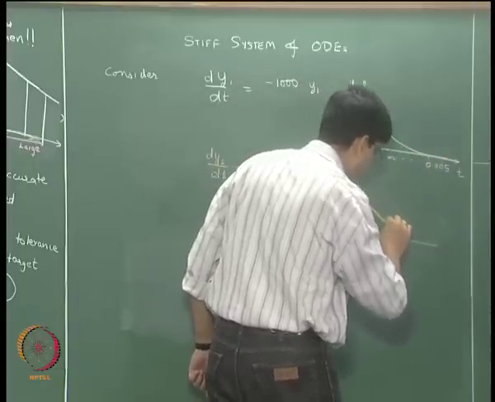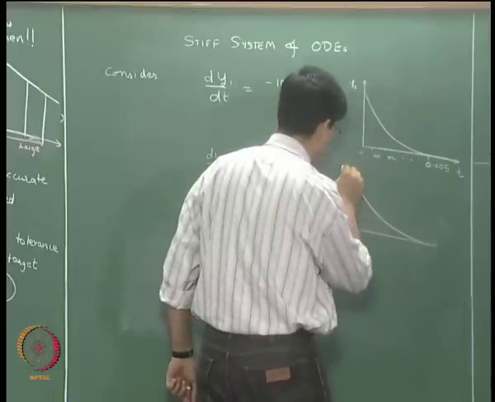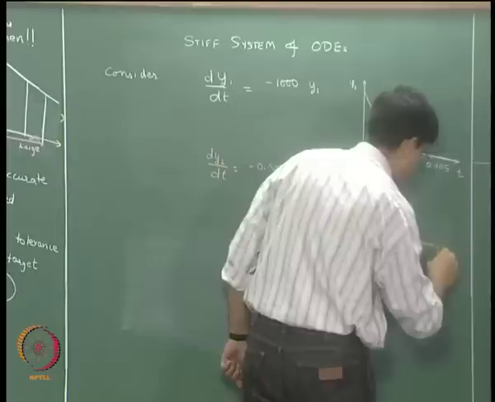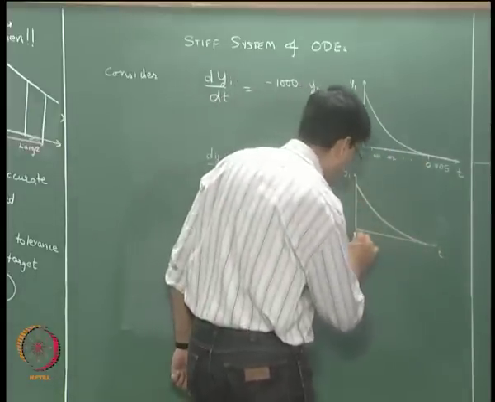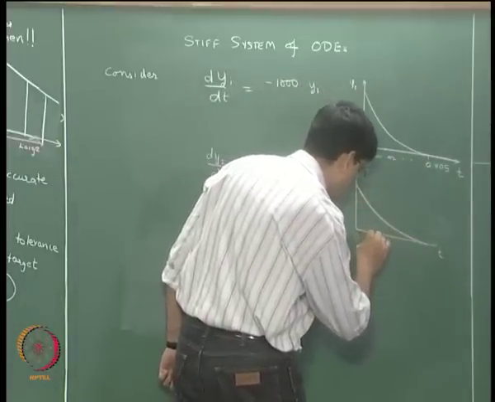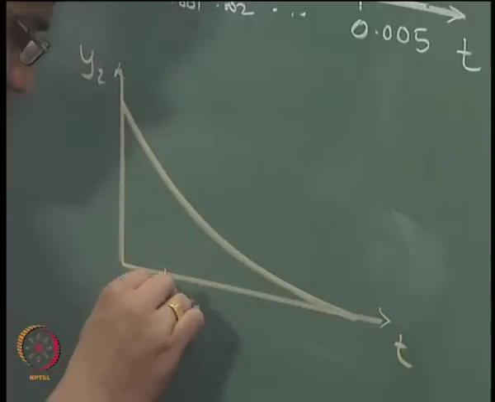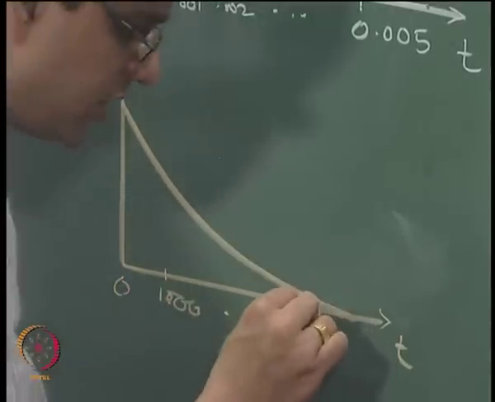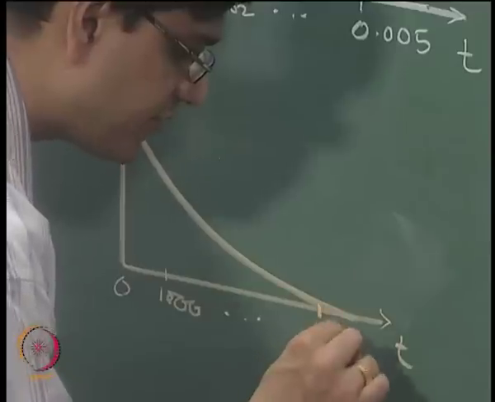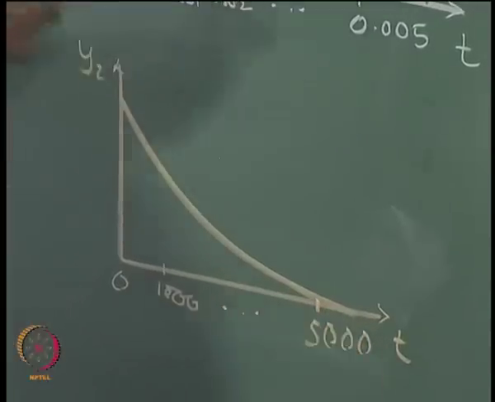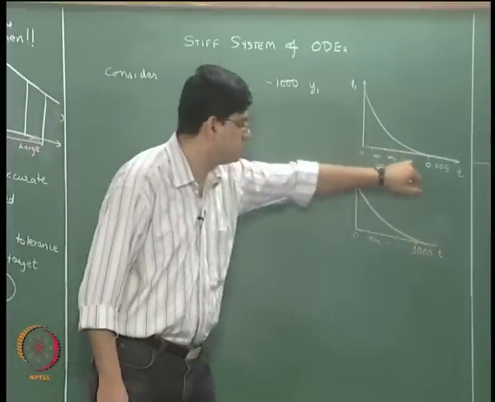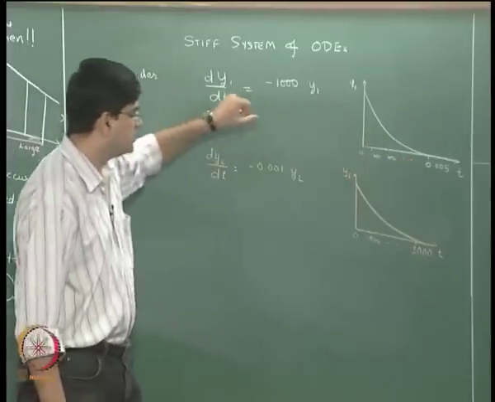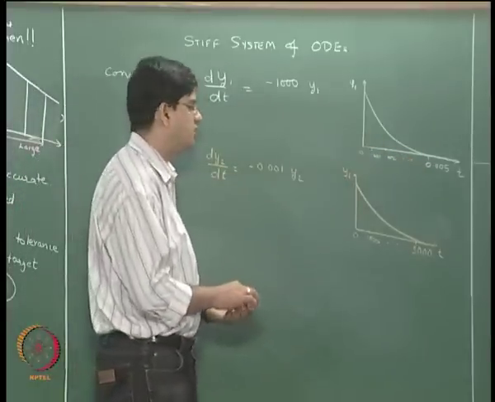However, the times at which we get a curve of this sort are going to be 0, 1000, 2000 and so on, and this is going to be 5000. Okay. So this particular system responds very quickly, this particular system responds very slowly.